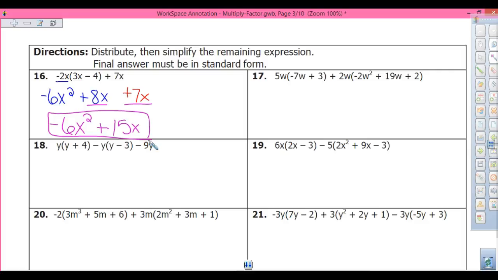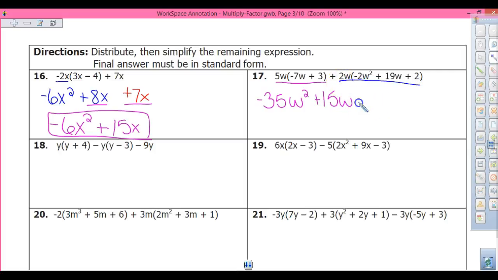Okay, so first we distribute this part, right? So negative 35w squared plus 15w. Now we've got to distribute this part.